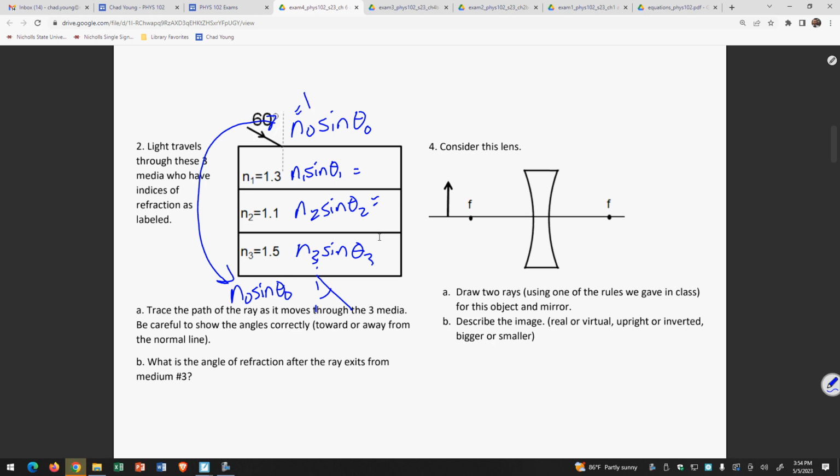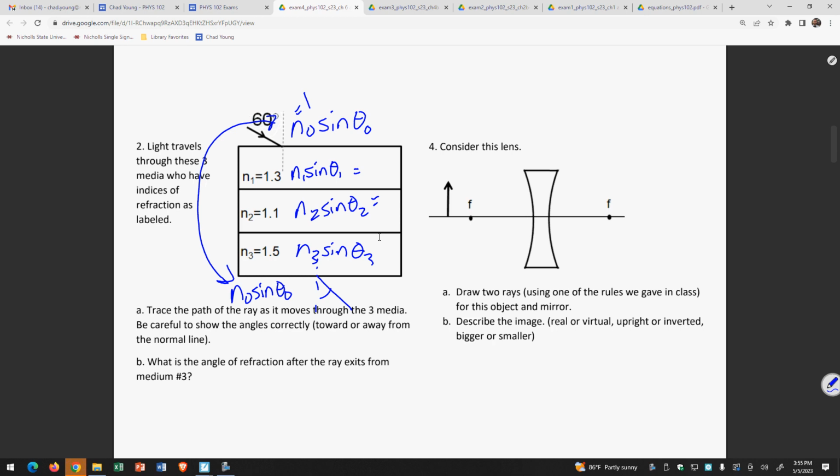Several people ask what the index of refraction of air is, but you do need to know that. It's equal to 1. So then the angles theta are also the same. Some people actually went through and calculated every single angle, and I applauded them, but that was a lot of work. I did that when I had time at the very end of the test, just to check that it actually was 60.